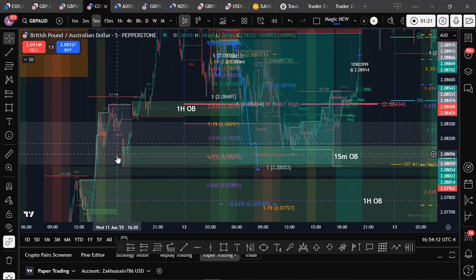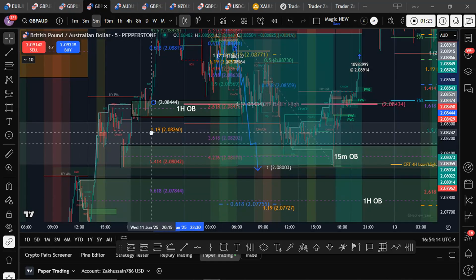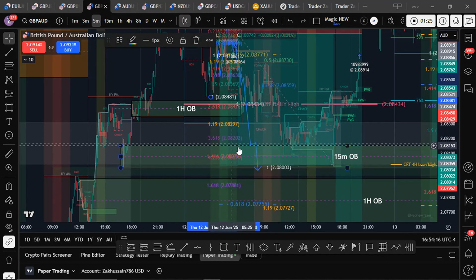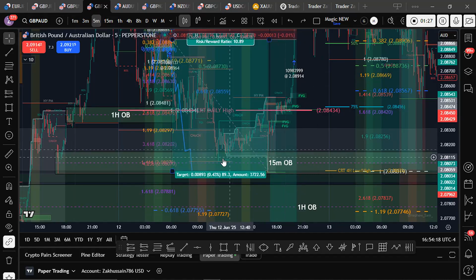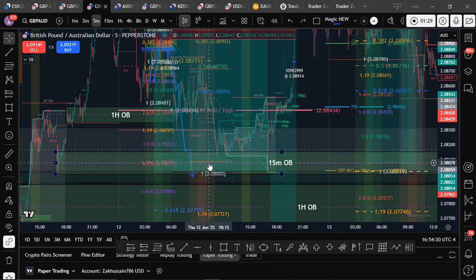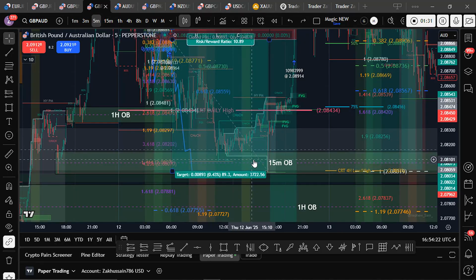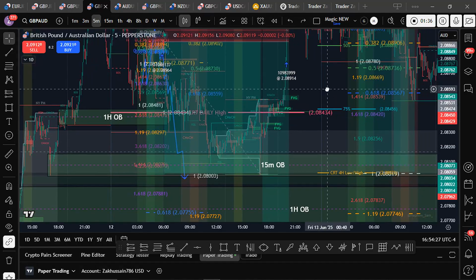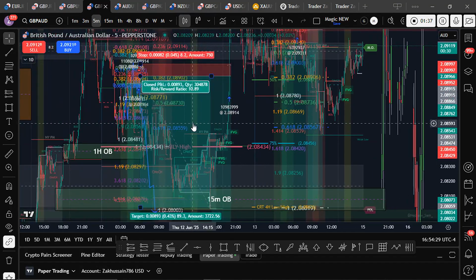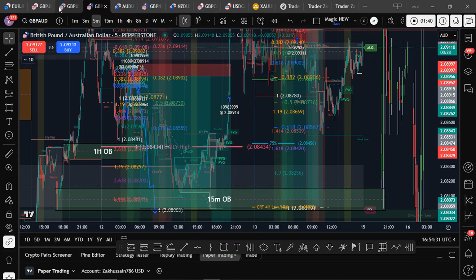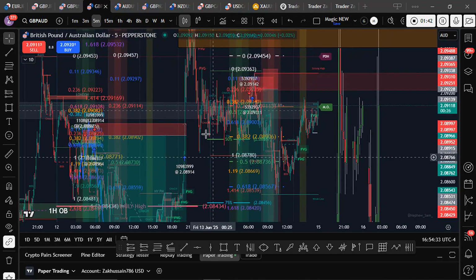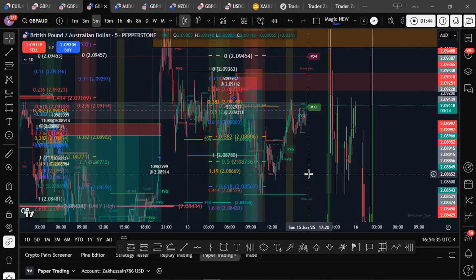There was a 15-minute order block, and I should have really put my first TP at the very least in the middle point of that order block, and that would have been a good point to take some profits at. So that's that.